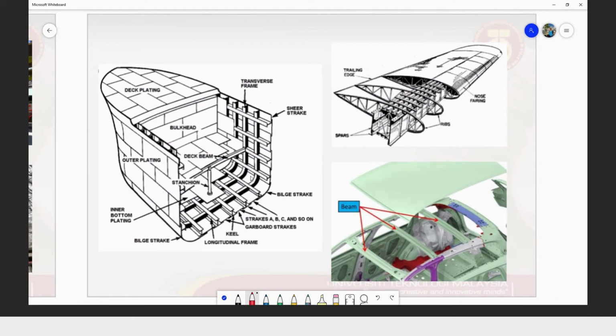For example, all these beams are for the ships construction. We use the beam here to carry the bendings and the vertical loading. And then this is to support the skin. Okay, the place where we attach the skin.